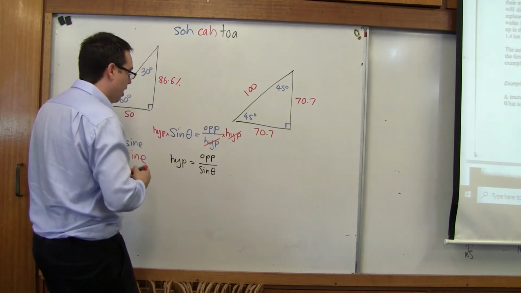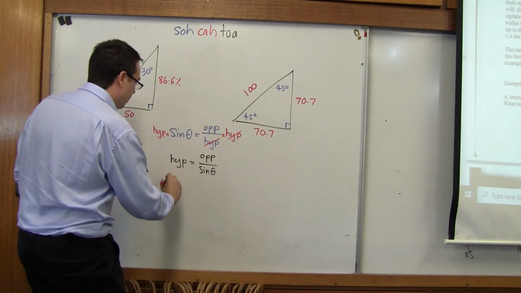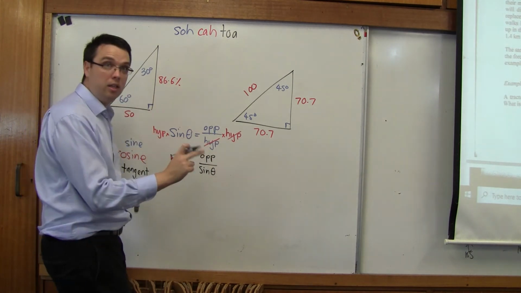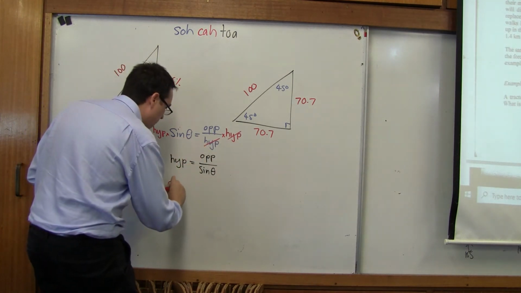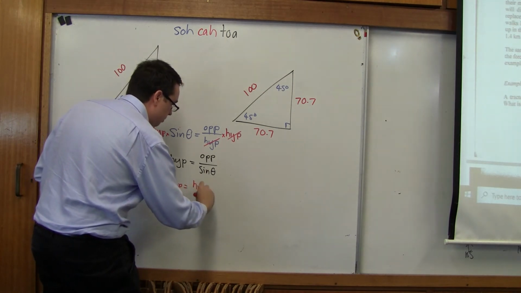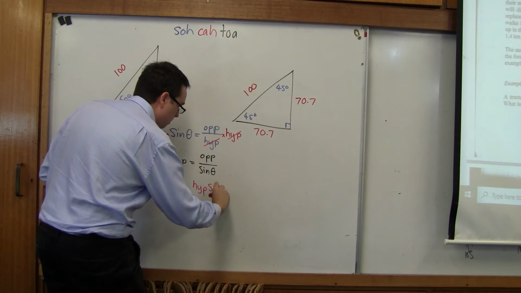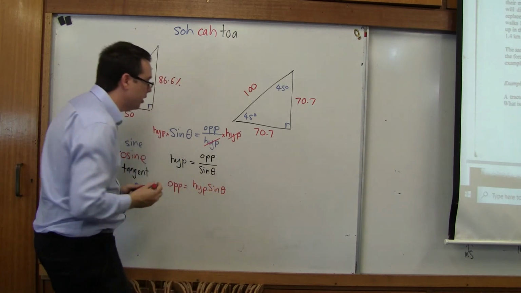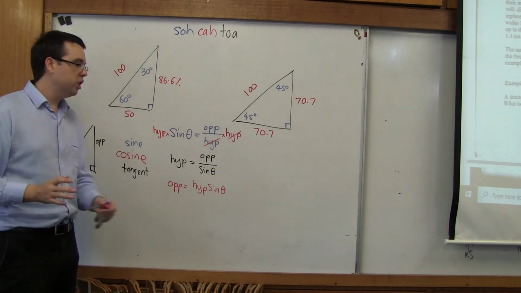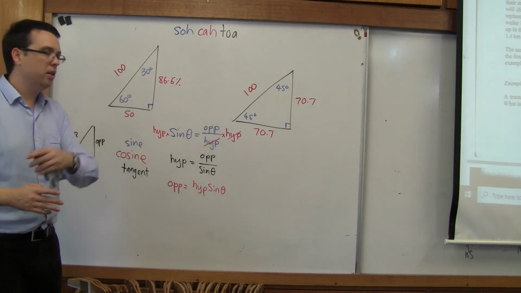Oh, look at that. Okay, so what have I got here? The opposite equals the hypotenuse times sine theta. Does that make sense? Yep. Now I'm putting a little dot there just to show you that there's a multiplication, but generally the idea is we just write it out like that.